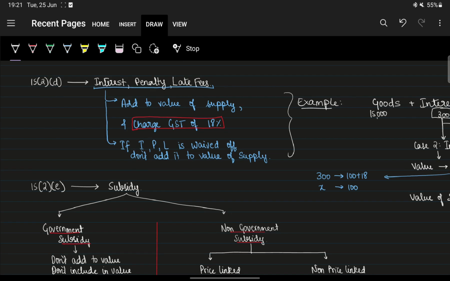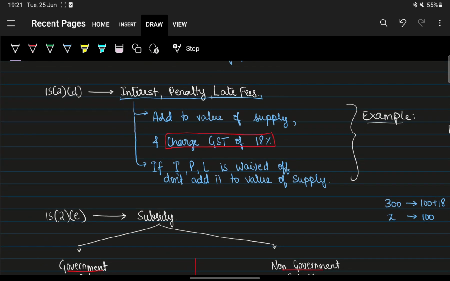So here, section 15 talks about value, rather value of supply. Subsection 2 talks about what is to be added or included in the value, right? Clause D talks about interest, penalty and late fees.